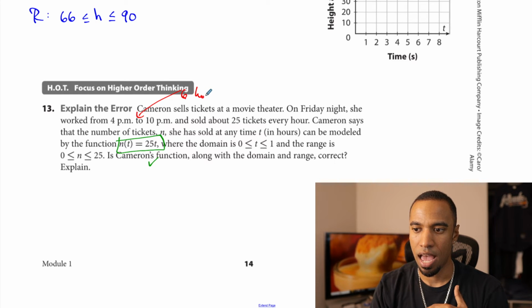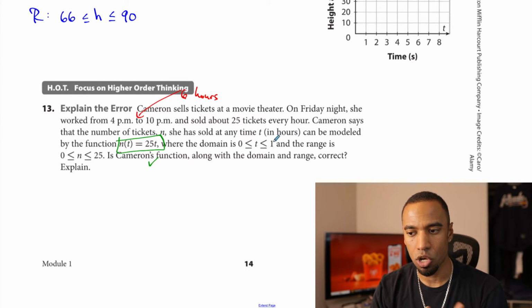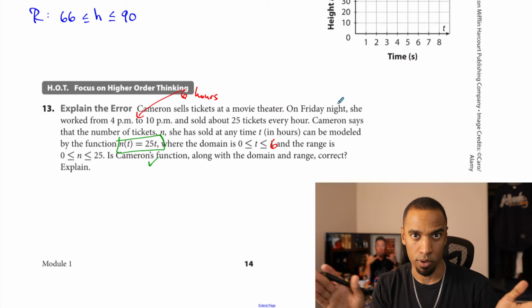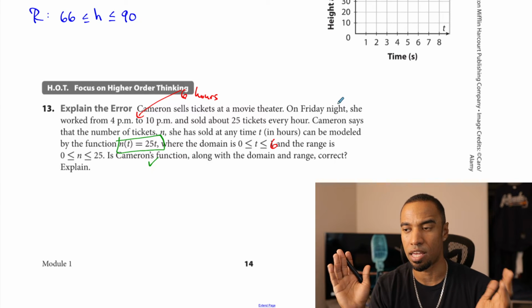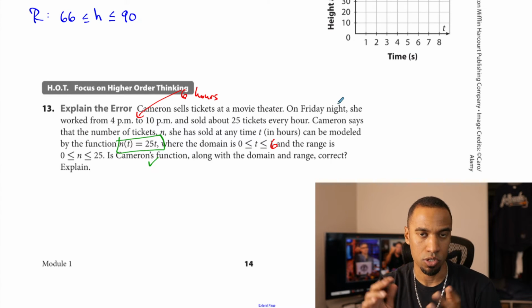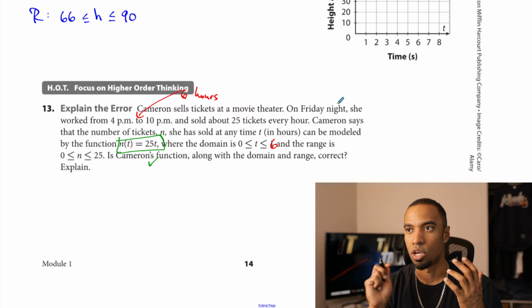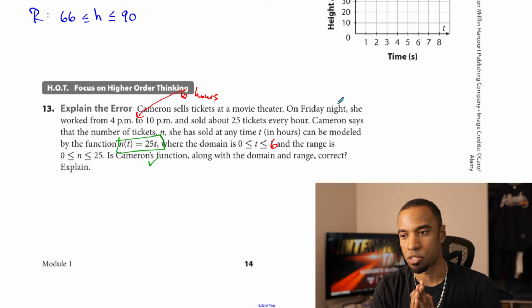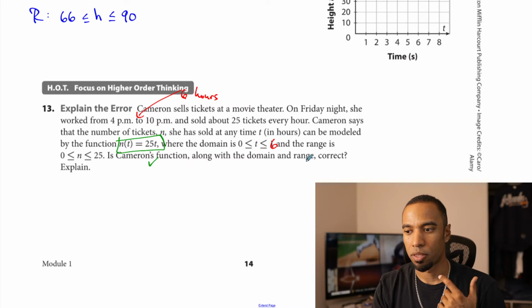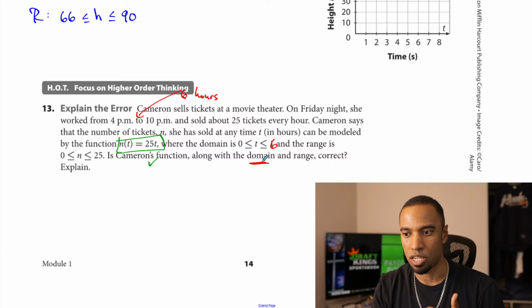So it looks like her domain should go from 0 to 6. Some people might argue it should go from 4 to 10, and there's nothing wrong with that as well, unless you just want t to have a starting value of 0, where time 0 is where you begin. So hour 0 is 4 p.m. to us. So it should go 0 to 6. I'm not going to write anything else, but the domain is the incorrect part.